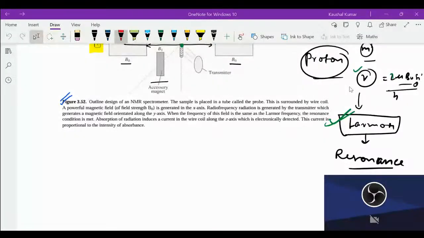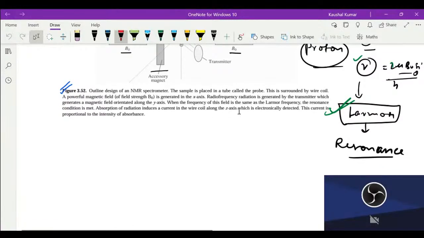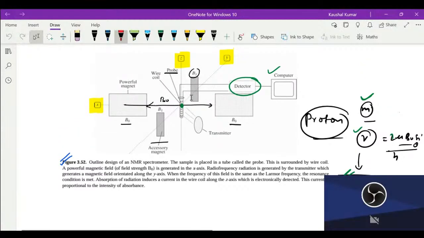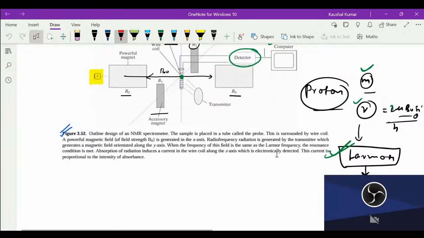Okay. Here we studied that when the frequency of this field is the same as the Larmor frequency, the resonance condition is met. Absorption of the radiation induces a current in the wire coil along the z-axis, which is electronically detected.